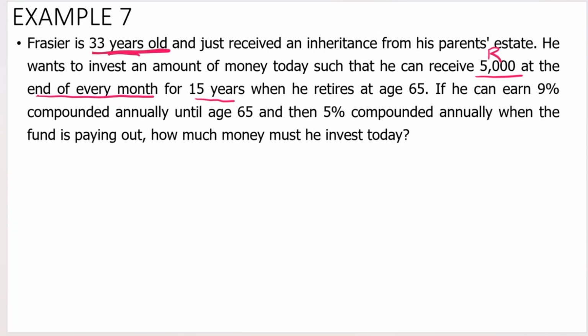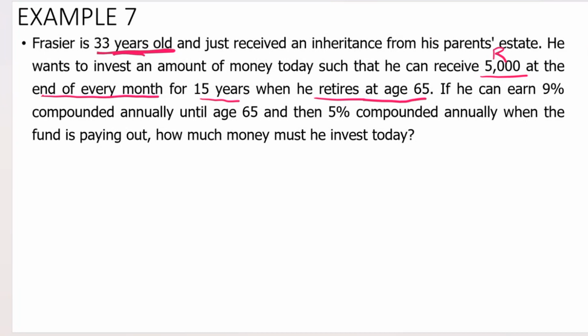So the annuity is going to run for 15 years. Okay, he wants to start getting these payments when he retires at the age of 65. So from age 33 until 65, he is not getting any payments. He starts getting payments after 65 for 15 years. Okay, so now we are told different interest rates.